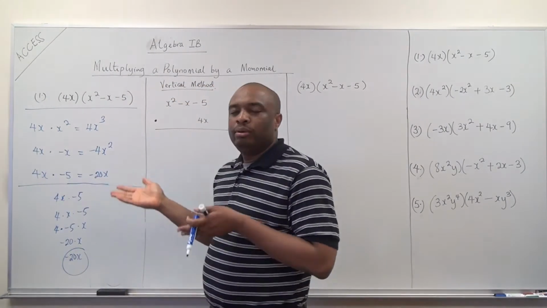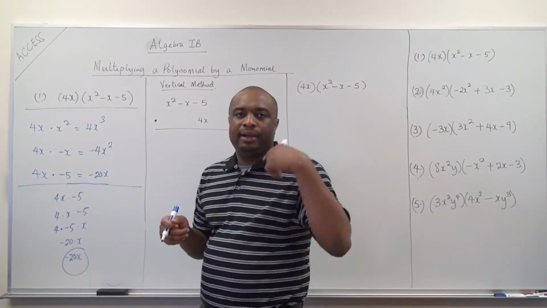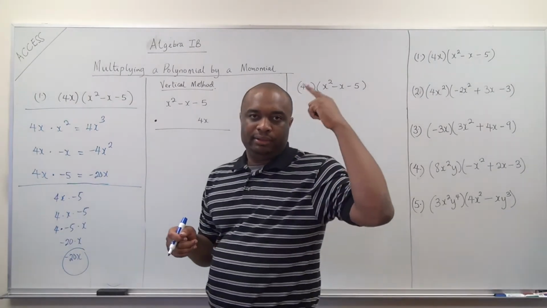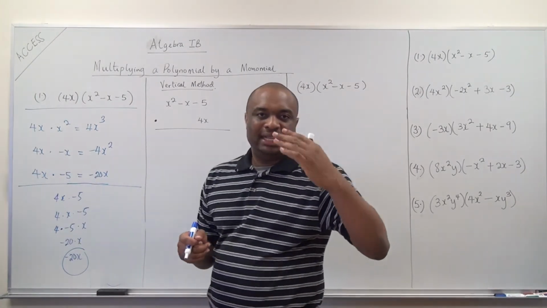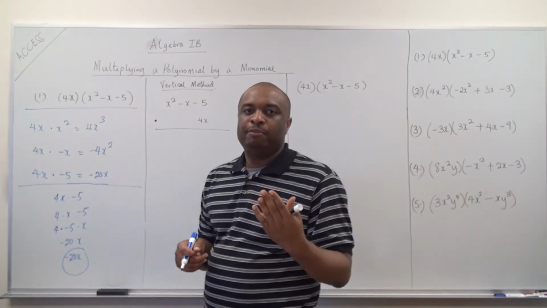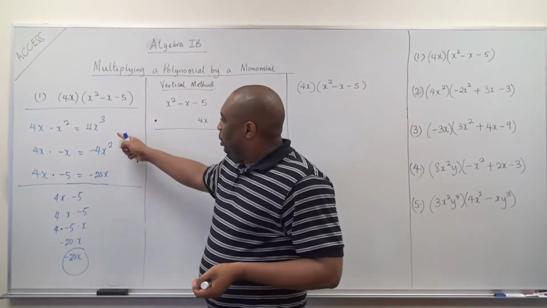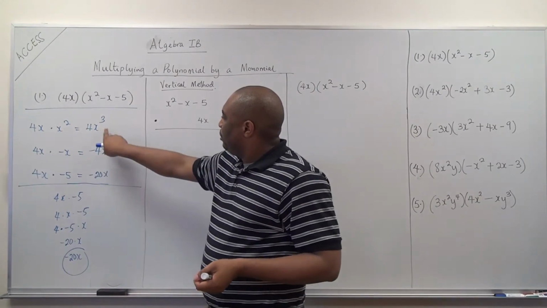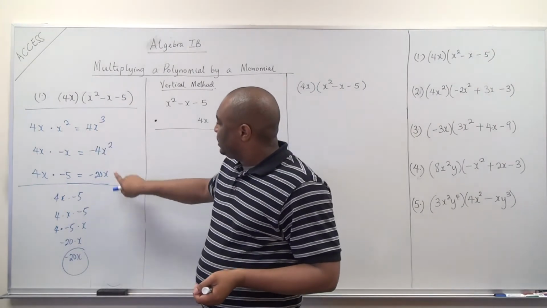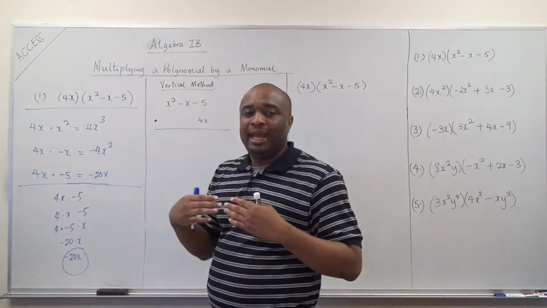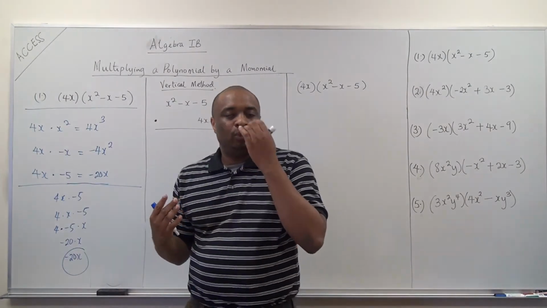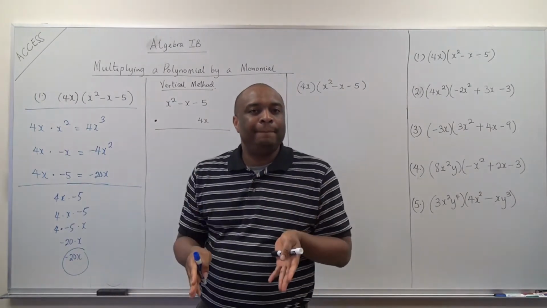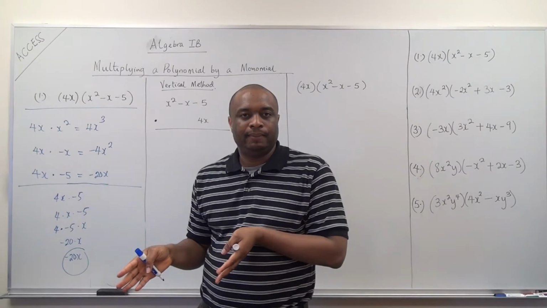So when you now get all this, remember, if you recall in the video we did earlier, addition and subtraction of polynomials, you will see that these variables, this is x cubed, this is x squared, this is x. So they are not identical variables, which means that they don't have the same base and the same exponent.